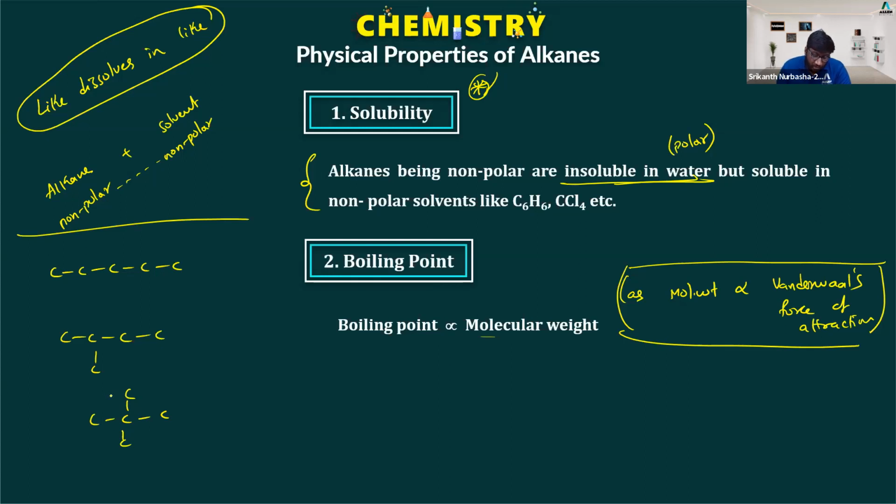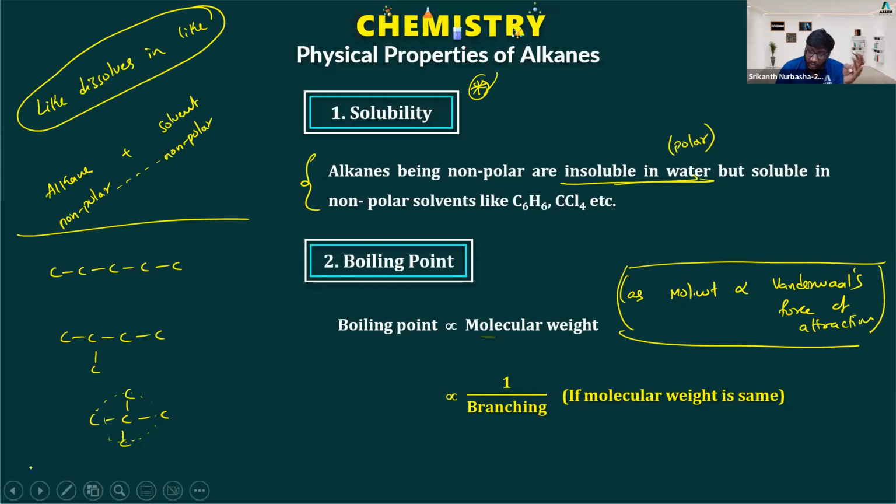Can I say the molecule is acquiring more of a spherical shape? Yes or no? Yes. If the molecule acquires a more spherical shape, what happens to the intermolecular forces of attraction? They will decrease, because the surface area is also going to decrease. Whenever you have more branching, the molecule acquires a shape similar to spherical. In that case its surface contact decreases, so the intermolecular force of attraction decreases. So greater the branching, lesser will be the boiling point.